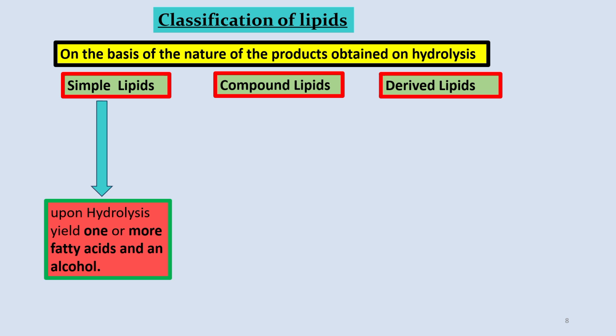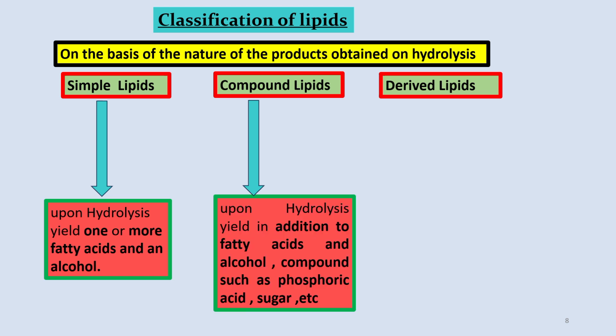You know that lipids are esters of fatty acids. So when you hydrolyze and simply get an acid and an alcohol, we can say it is a simple lipid. Compound lipids upon hydrolysis yield, in addition to fatty acids and alcohol, compounds such as phosphoric acid and sugars.